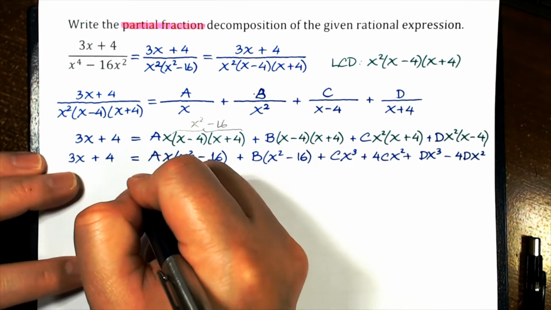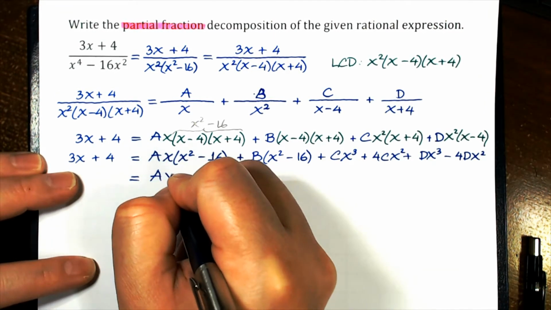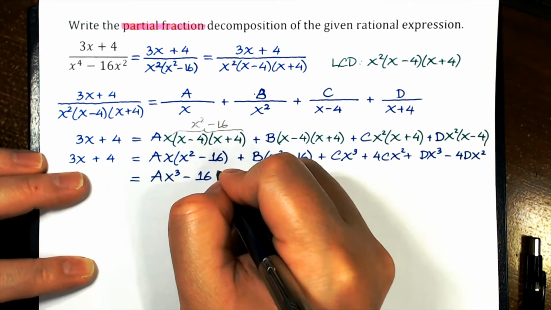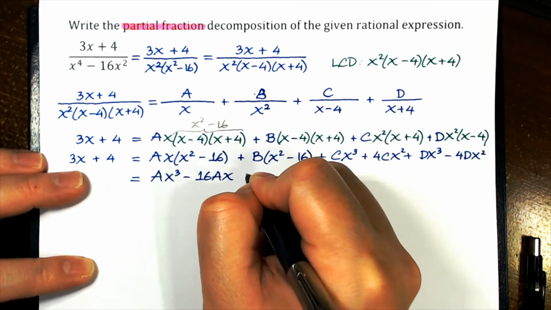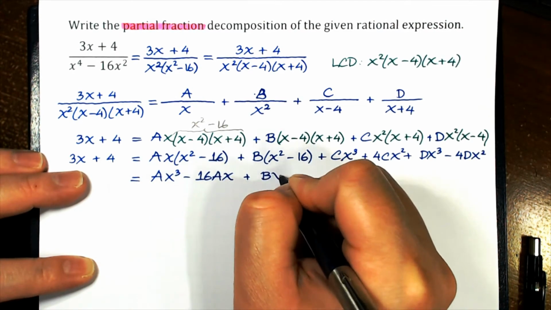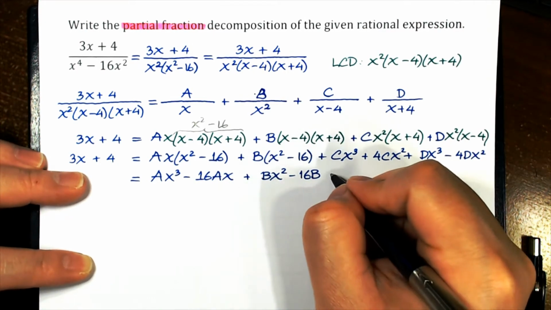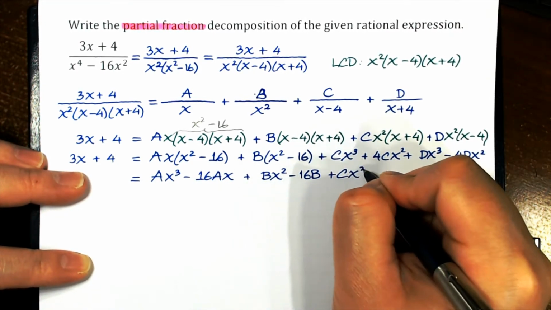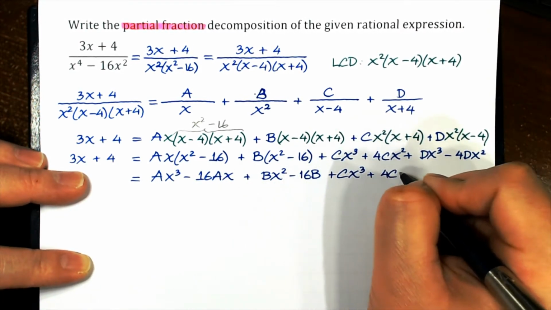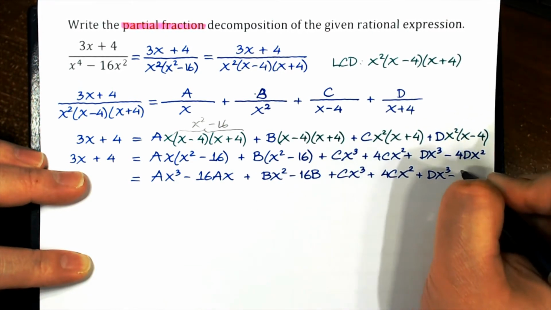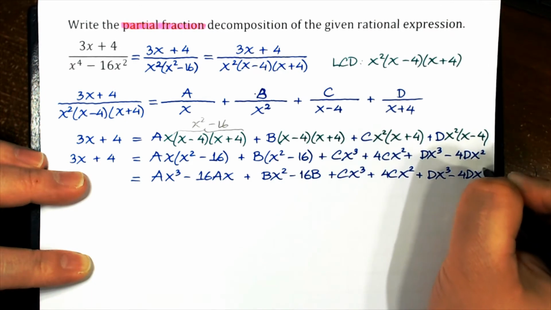Multiplying out one more time: ax cubed minus 16ax, plus bx squared minus 16b, cx cubed plus 4cx squared, dx cubed minus 4dx squared.